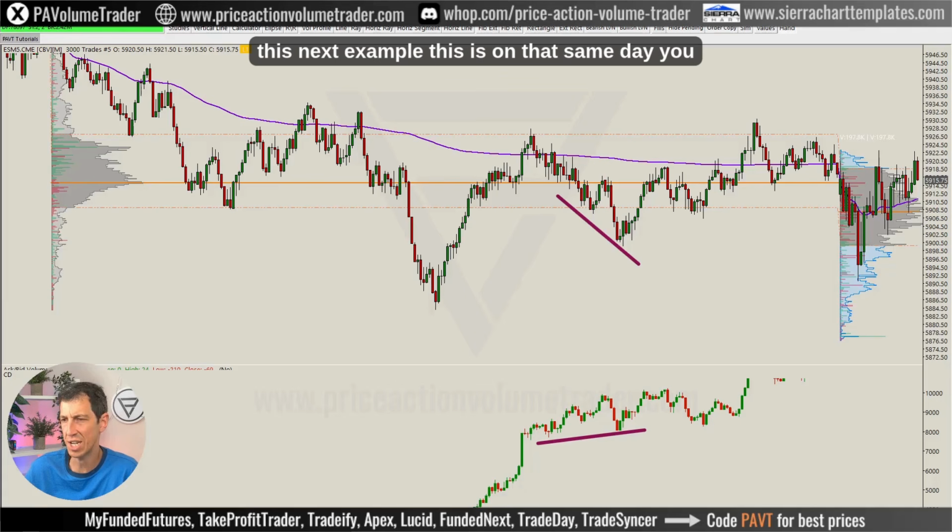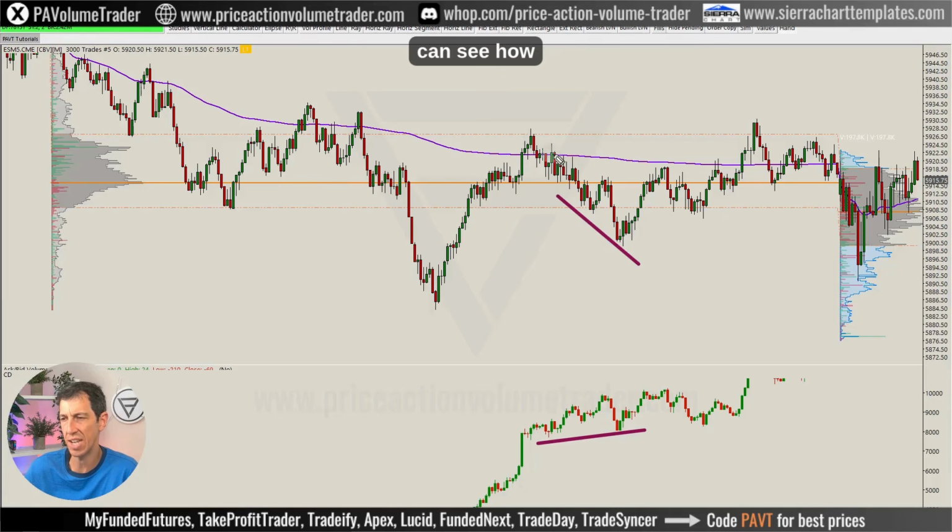In this next example, this is on that same day. You can see how market was coming down, pulling down here, and yet we're making new lows in the price, but cumulative delta is making higher lows here. So this tells us that there's no aggressive sellers interested to keep selling at these lower levels.